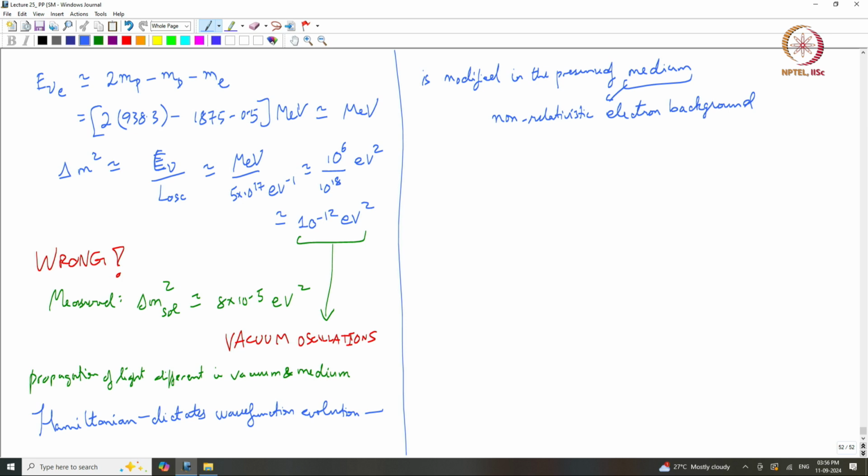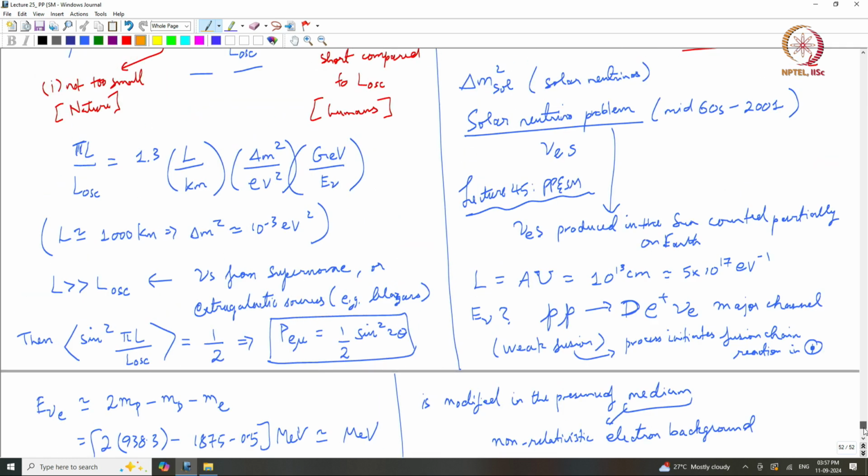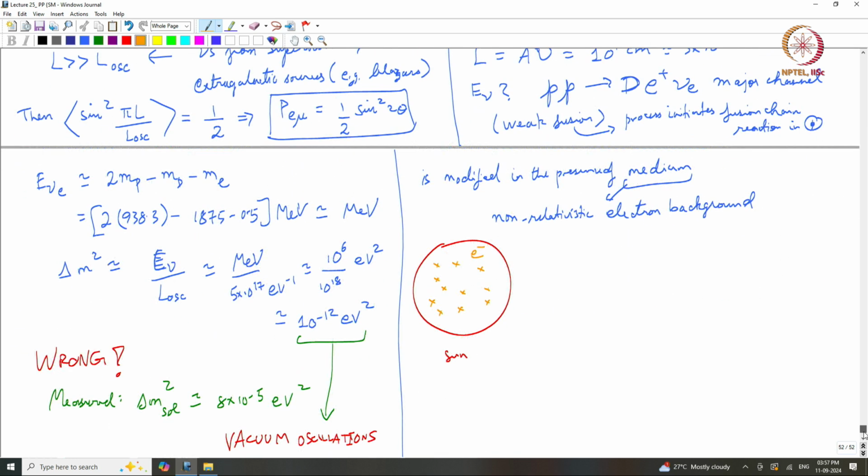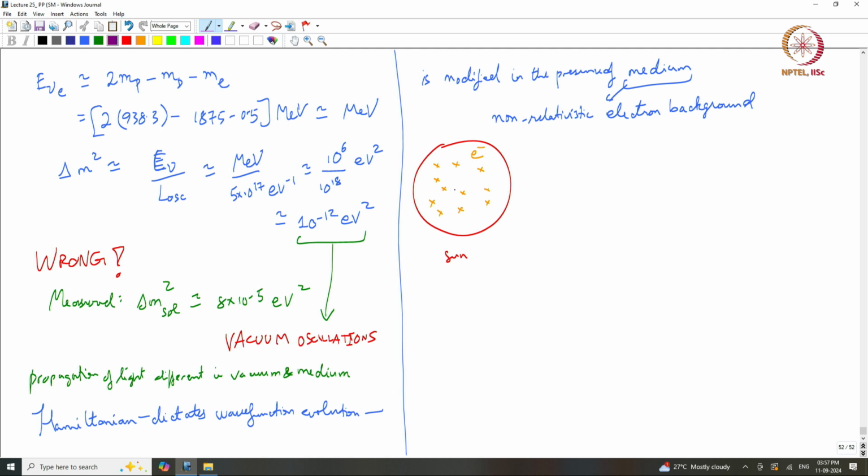Remember that the sun contains electrons all over the place. So even if you are making neutrinos through this process, the pp going to D, positron, electron neutrino, that neutrino is propagating through this electron background first, then it gets out and propagates in the vacuum, and then it gets to Earth of course.